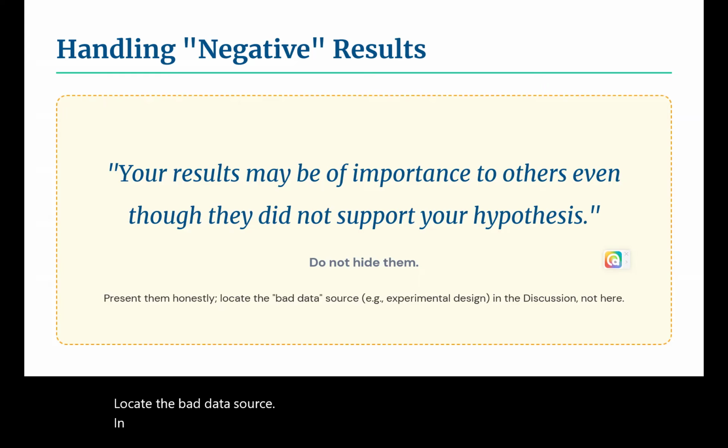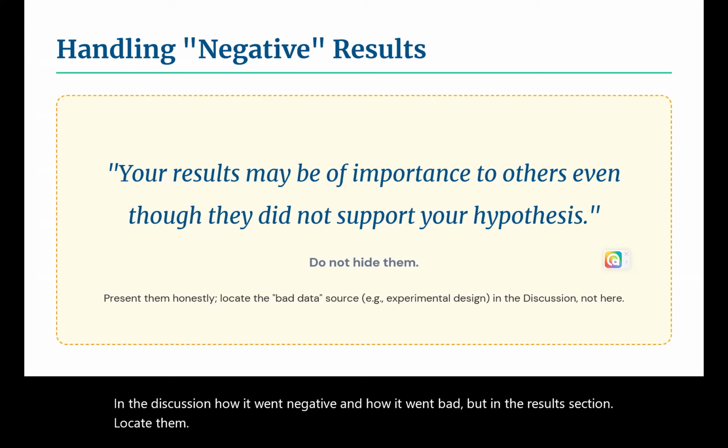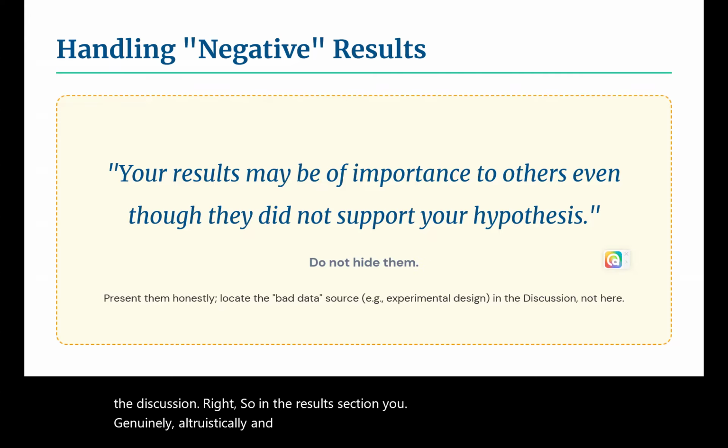You can explain in the discussion how it went negative and how it went bad. But in the results section, present them honestly, and you can give justification or explanations in the discussion, right? So in the results section, you genuinely, altruistically, and honestly bring your data to the surface.